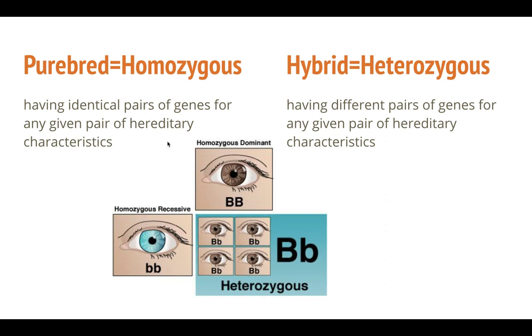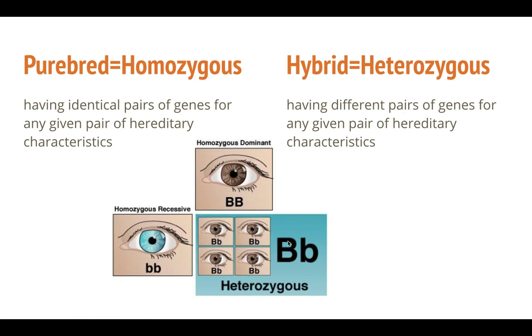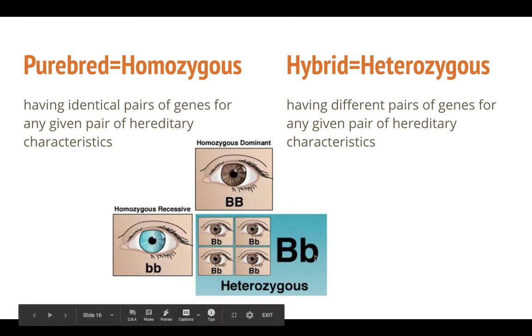So in this case, if you cross a parent who is homozygous for brown eyes, that means they have two uppercase B's, and another parent who is homozygous for blue eyes, that means they have two lowercase b's because it is the recessive allele, then the offspring will all inherit one big B from the first parent and one little b from the second parent, making them heterozygous or hybrid.